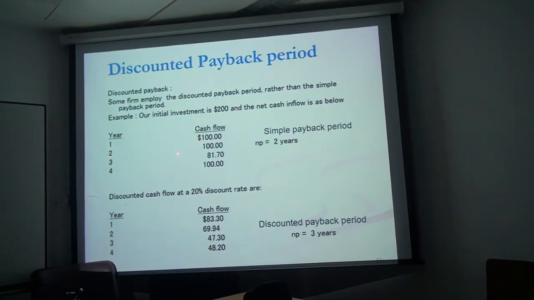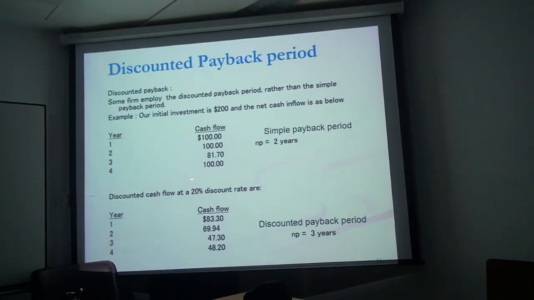If we say 0 is the initial year, then the first inflow is at the end of year 1: $100, second $100, third $81.7, and fourth $100. Now the simple payback period tells us that in 2 years our initial investment at time 0 will be back. The amount we have spent will be back to us. This is the simple payback period.